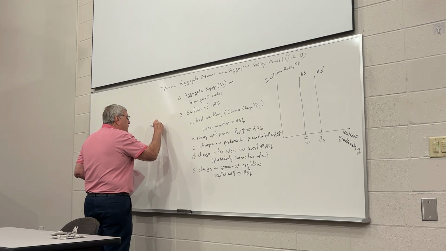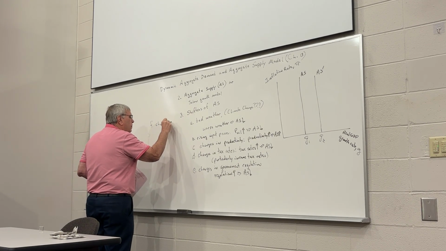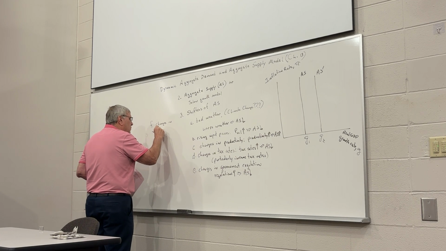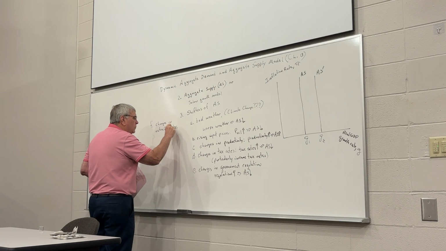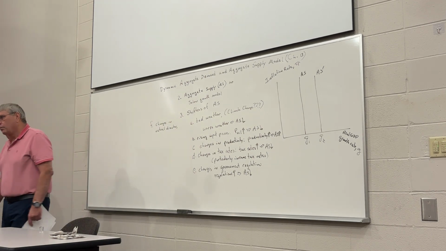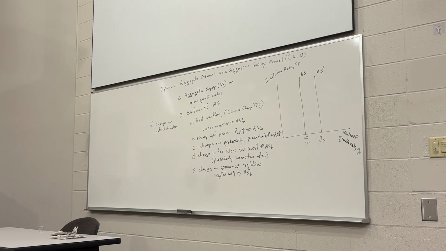Changes in natural disasters. Pretty obvious around here, right? What and where you would build if we have one hurricane every 3 years is different than if we have one hurricane every 3 months. Right?